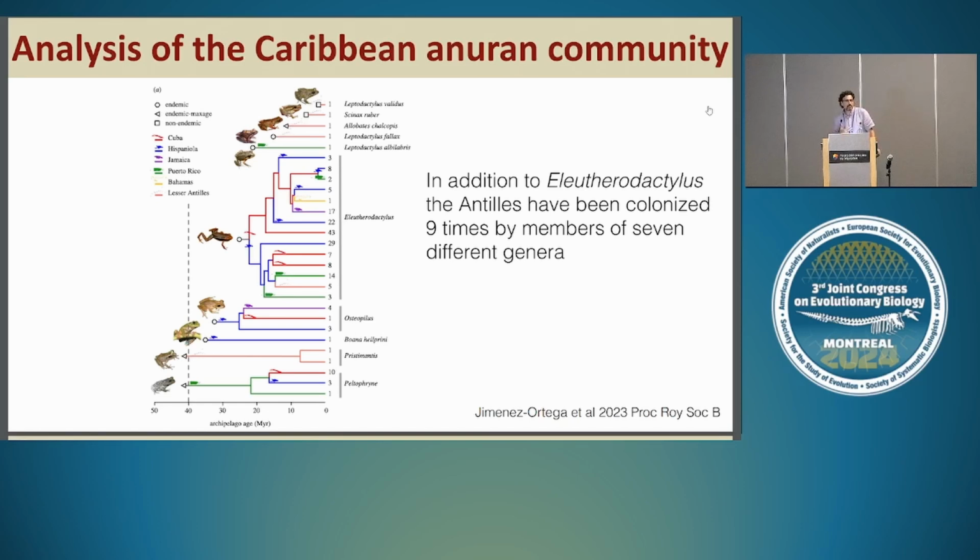But we still wanted to see what the patterns are, because some of them actually invaded the Caribbean, apparently, at least from the molecular phylogenies that have been dated, prior to Eleutherodactylus, so they had that ecological opportunity. So we're interested in looking at whether the patterns were different from Eleutherodactylus than the remaining groups that also colonized the Caribbean islands.